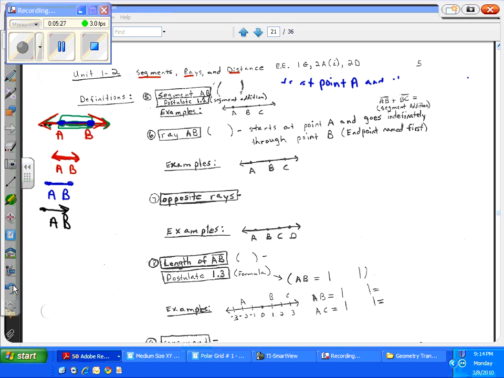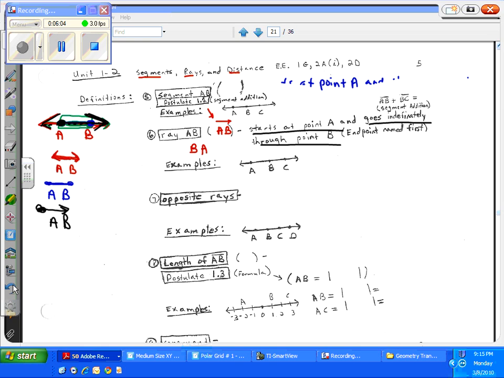So it would be the part of line AB that starts at point A and goes infinitely through point B. Notice that on a ray, the endpoint was named first. Ray AB would have the endpoint to start with and the point it goes infinitely through later.